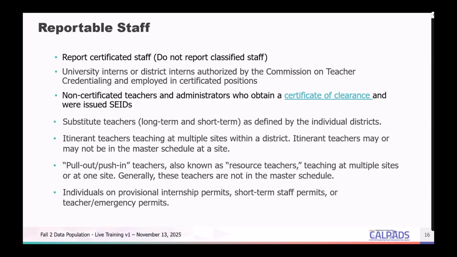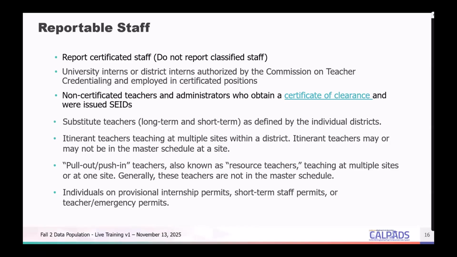Let's move on to which staff members need to be reported for Fall 2. You'll need to report certificated and certain non-certificated staff who are employed in qualifying positions. Certificated employees working in certificated positions at school districts, county offices of education, charter schools, schools run by the Department of Corrections, Division of Juvenile Services, or state special schools.